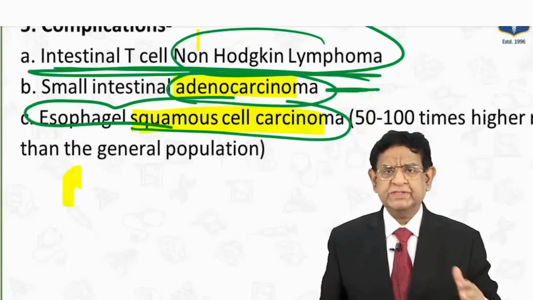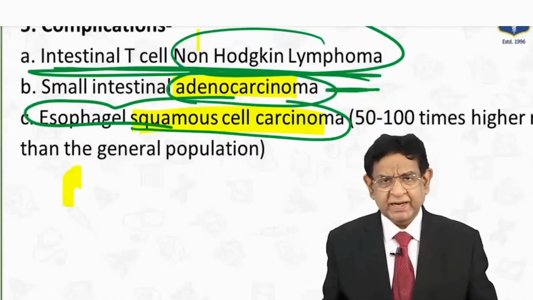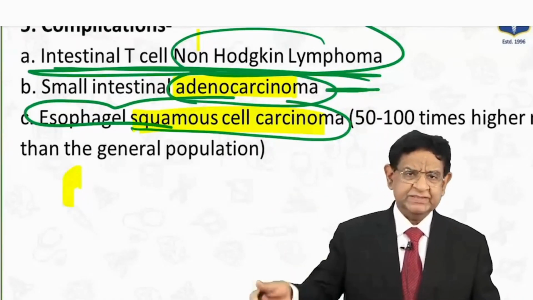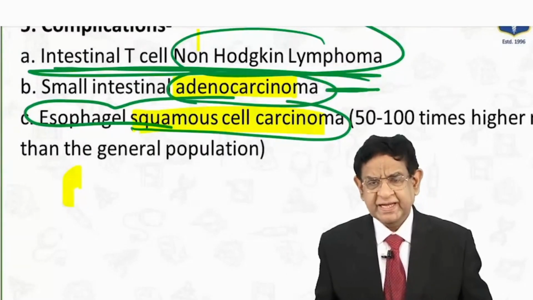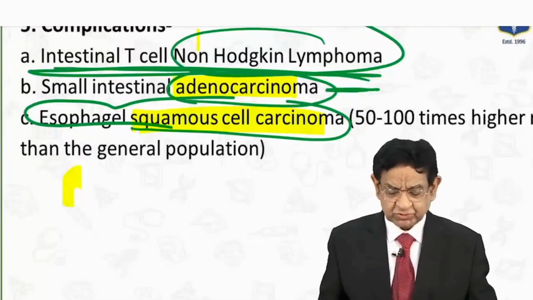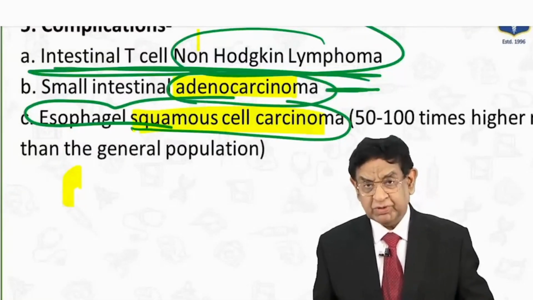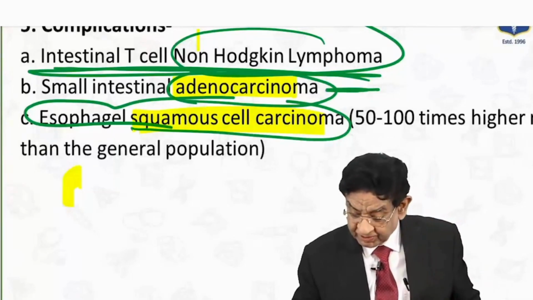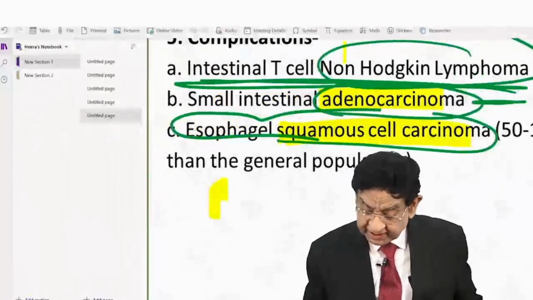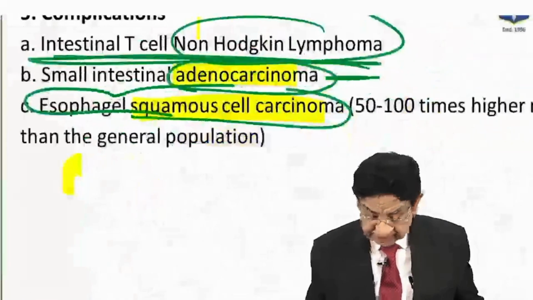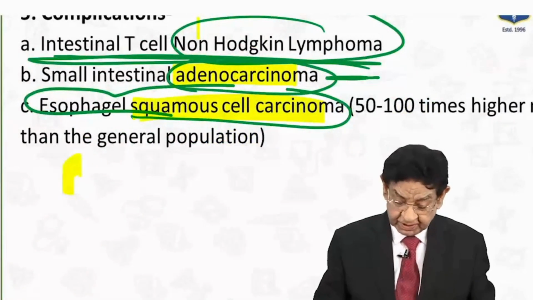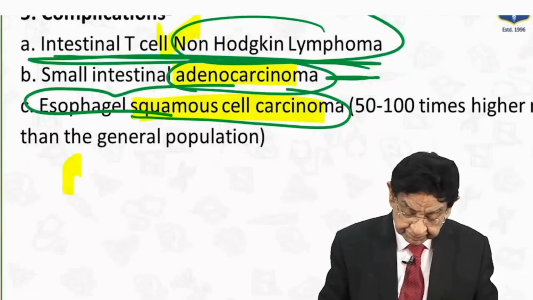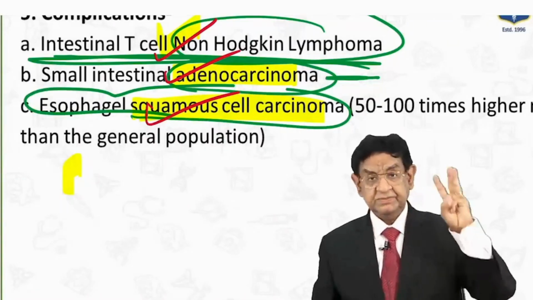Most of us have it deep in our minds that Barrett's esophagus is adenocarcinoma, and we mark adenocarcinoma for celiac disease also. No, don't commit this mistake. The answer for celiac disease shall be squamous cell carcinoma. So first keyword, second keyword, third keyword.